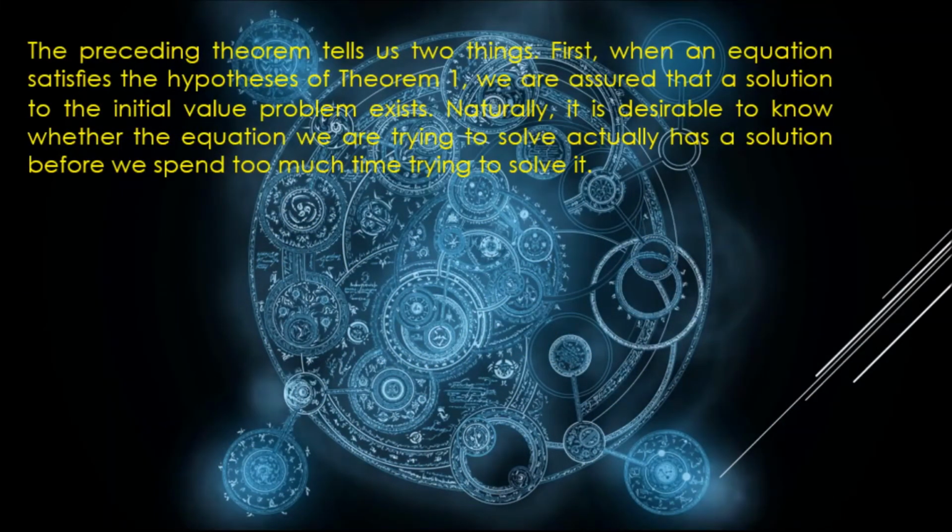The preceding theorem tells us two things. First, when an equation satisfies the hypothesis of theorem 1, we are assured that a solution to the initial value problem exists.